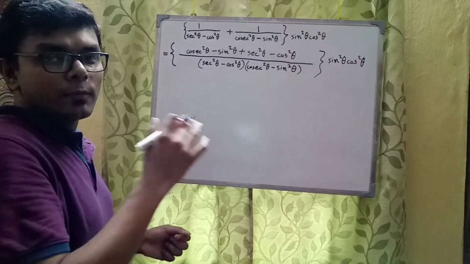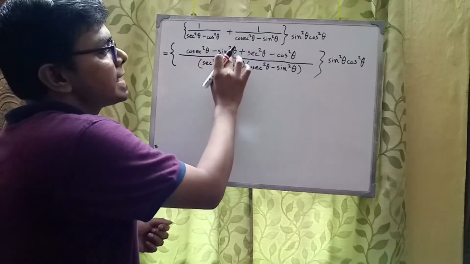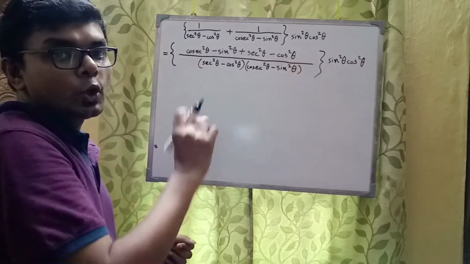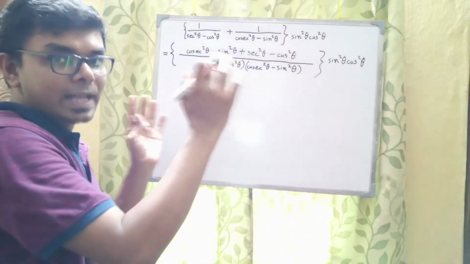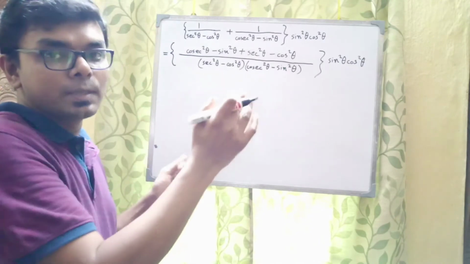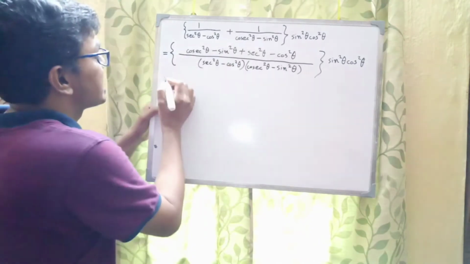Now something we have to observe here: we have got minus sin² θ minus cos² θ. So minus of (sin² θ plus cos² θ) can be written in the bracket, which we will show in this next step.